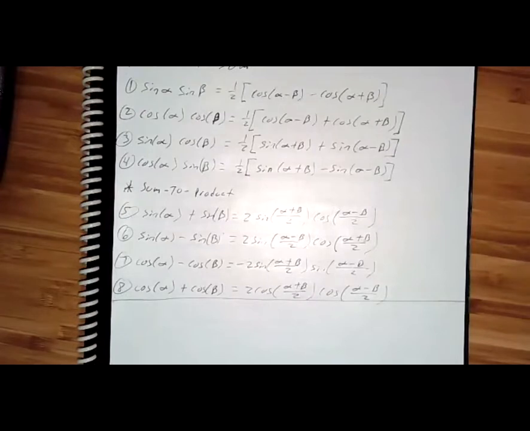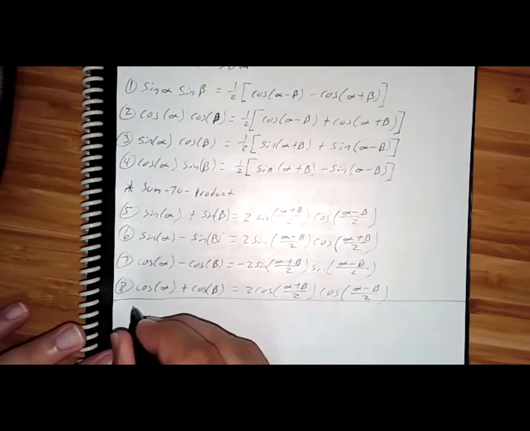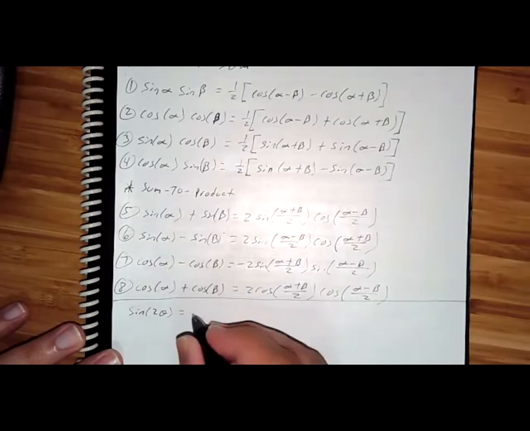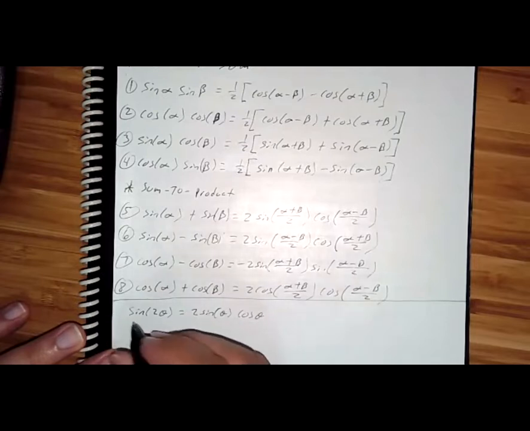For reference, I'm sure we did talk about it, but just for reference, sine of 2 theta was equal to 2 sine cosine. And then we had cosine of 2 theta equal to 3 different things.